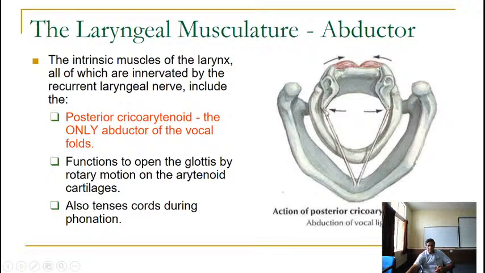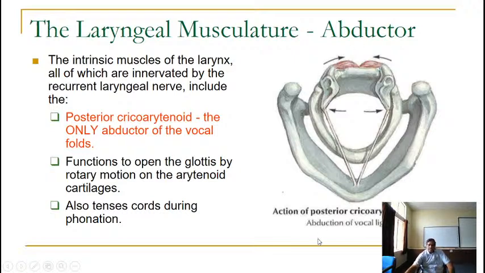The vocal process is the one to which the vocal cords are attached, and anteriorly they are attached to the posterior surface of the thyroid lamina in the center. So when there is a rotation like that, the vocal cords get abducted.